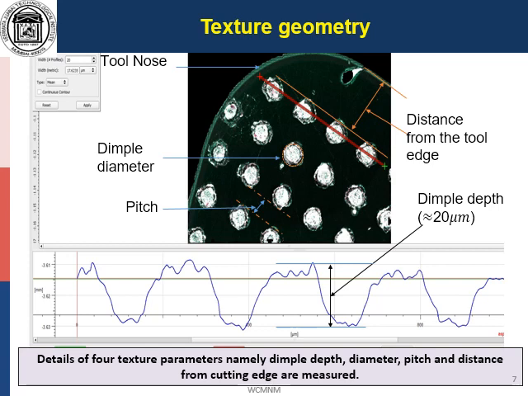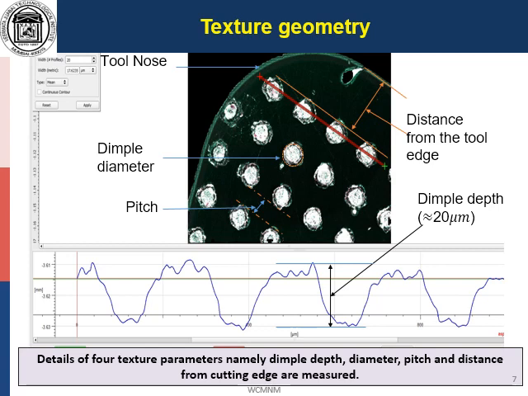Hence, three texture parameters were selected, namely dimple diameter, pitch, and the distance from the edge of the cutting tool. The image on this slide shows the profile of the circular microdimple surface and the distribution of the microdimples over the cutting tool. The parameter pitch defines the smallest distance between the centers of two neighboring microdimples.